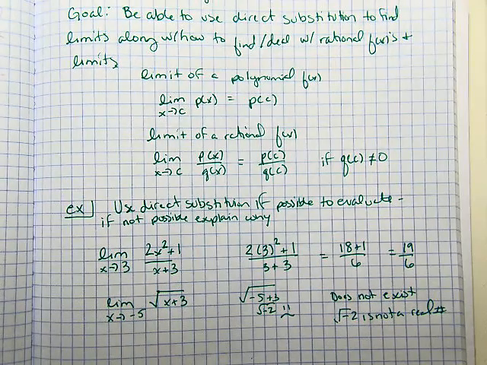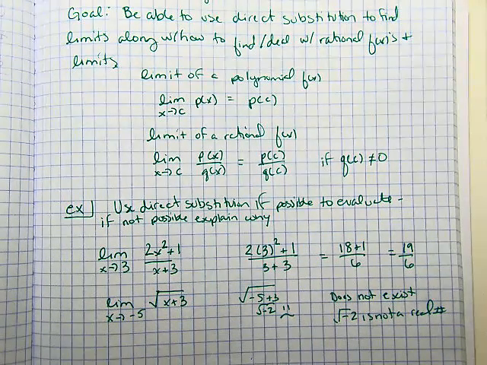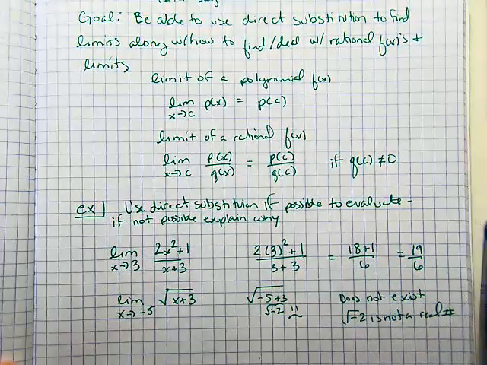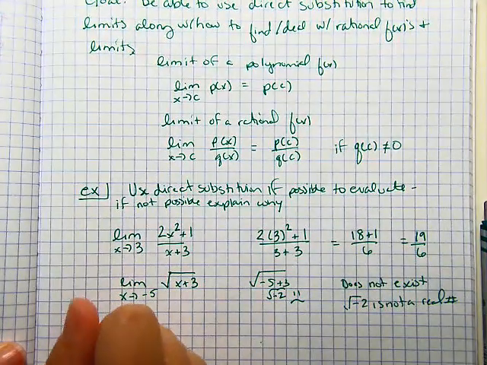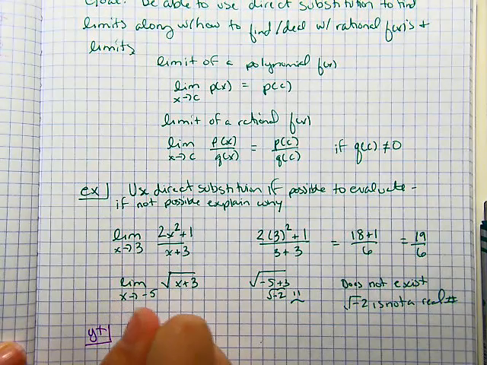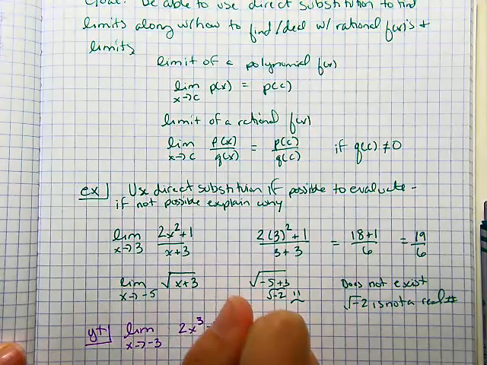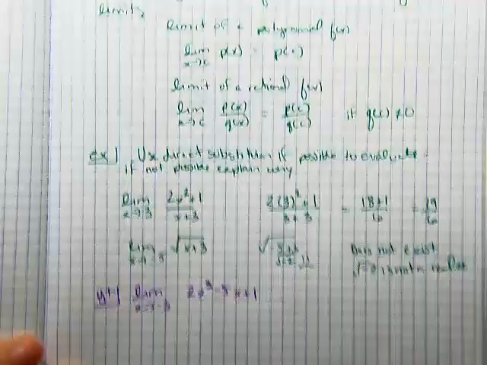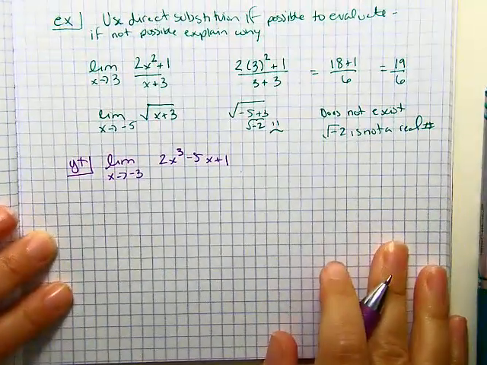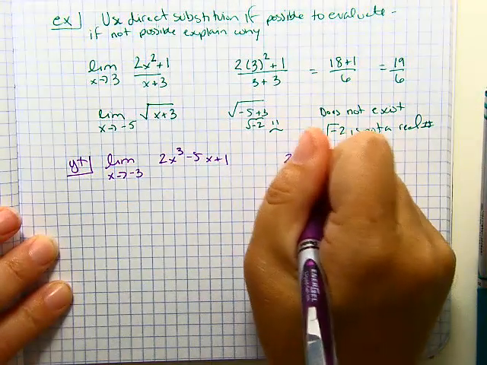Okay, so here's one your turn. Actually, I don't even know if you need a your turn, but go for it anyway. Limit as x approaches -3 of 2x cubed minus 5x plus 1. Give it a shot. All right, so we plug -3 in.